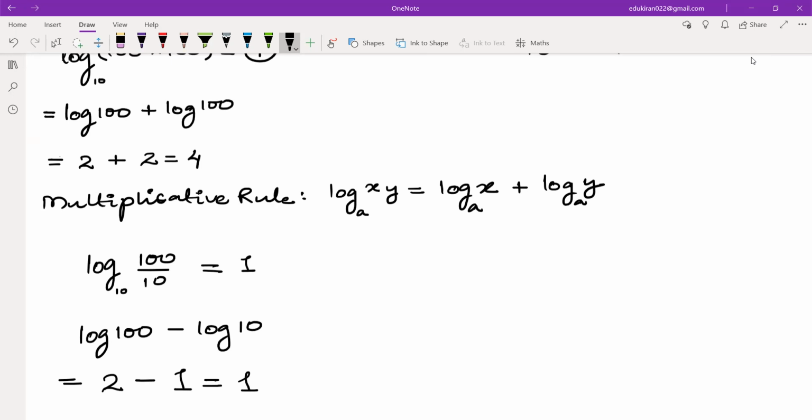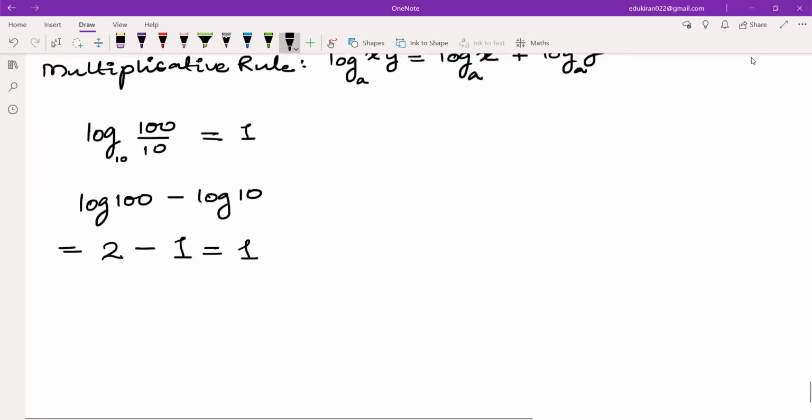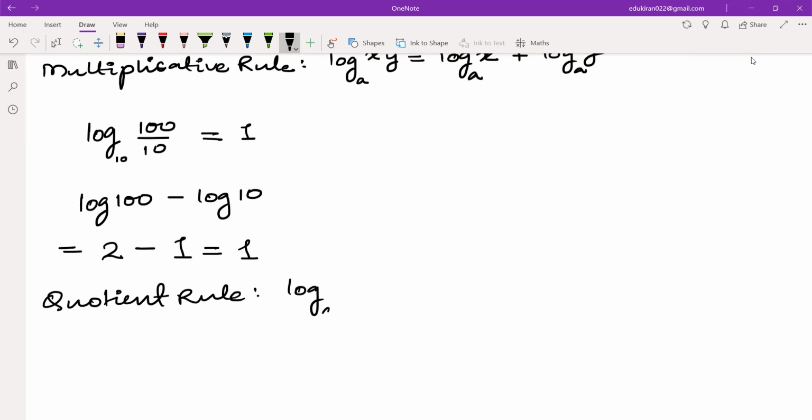Right? So this is the quotient rule, which says that if I have log to the base a of x upon y, this will be equal to log of base a of x, that is the numerator, minus log of base a of y.